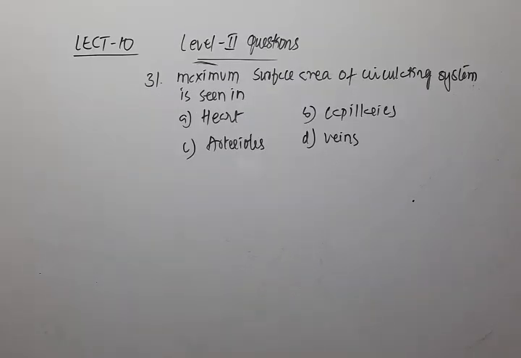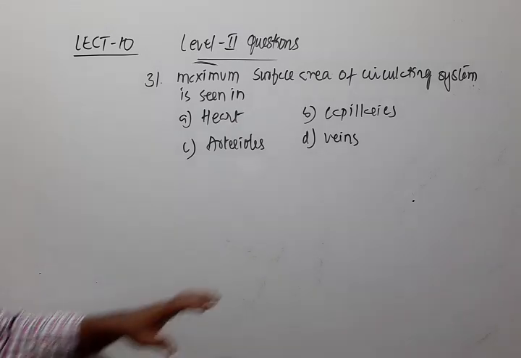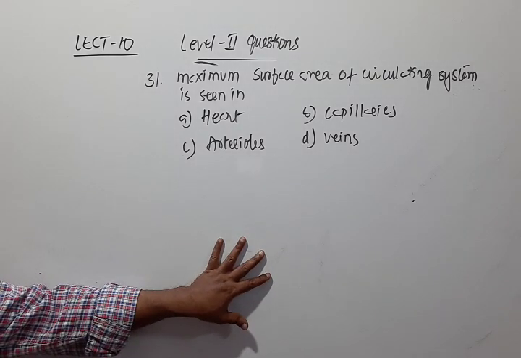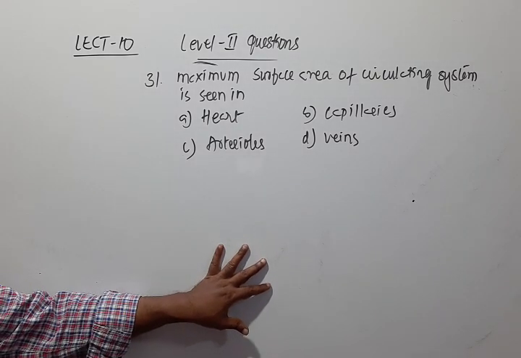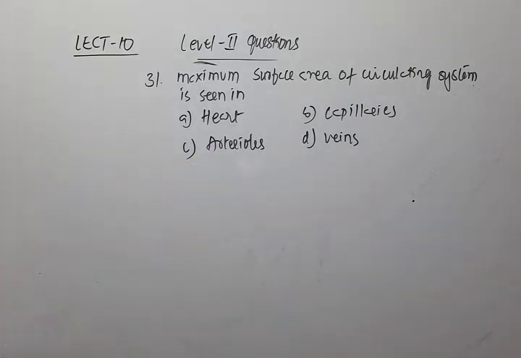The next question: the maximum surface area of a circulatory system is seen in. Here the heart is only one, whereas arterioles are the sub-branches of arteries, and veins are the other blood vessels that carry deoxygenated blood, but the capillaries are present in the largest number.